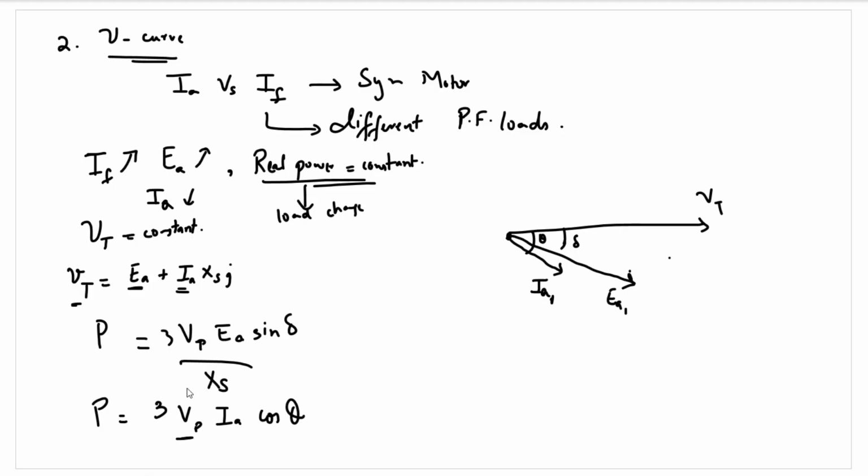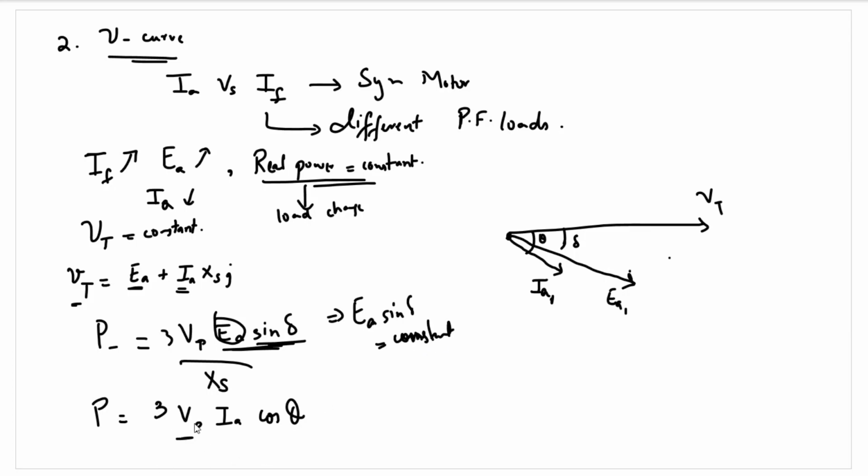So Vp is constant in both the cases. Power is constant. Ea is what is varying. Since Xs is not changing in the system, sine delta has to change in such a fashion that Ea sine delta altogether remains constant.